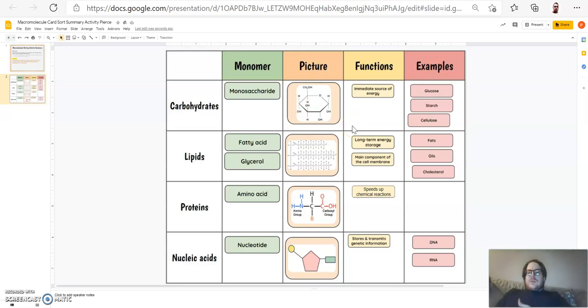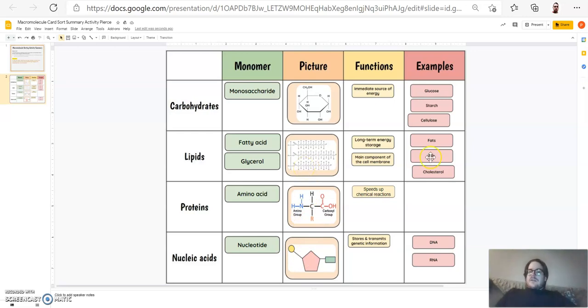A lot of times when you see pictures, if you know 3 of the 4, you can, by process of elimination, figure out what it is. Looking at cholesterol, it's a little confusing, but there's not that many oxygens like you'd see in carbohydrates. There's no nitrogen like you'd see in proteins or nucleic acids, which leaves just one thing, the lipids.